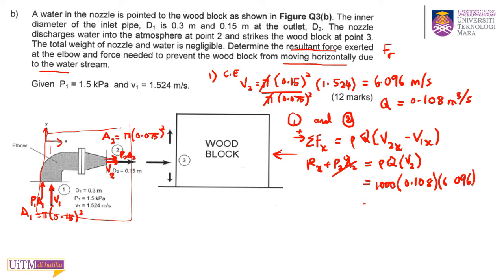What is the value for the resultant force in the x direction? 1000 times 0.108 times 6.096. What is the value? 658.37. Take it as 658.4, easier.